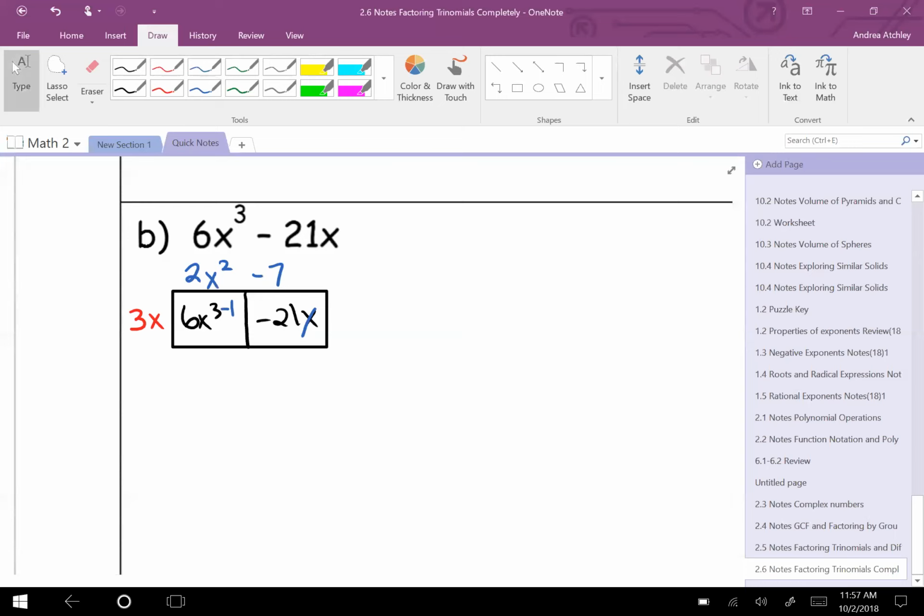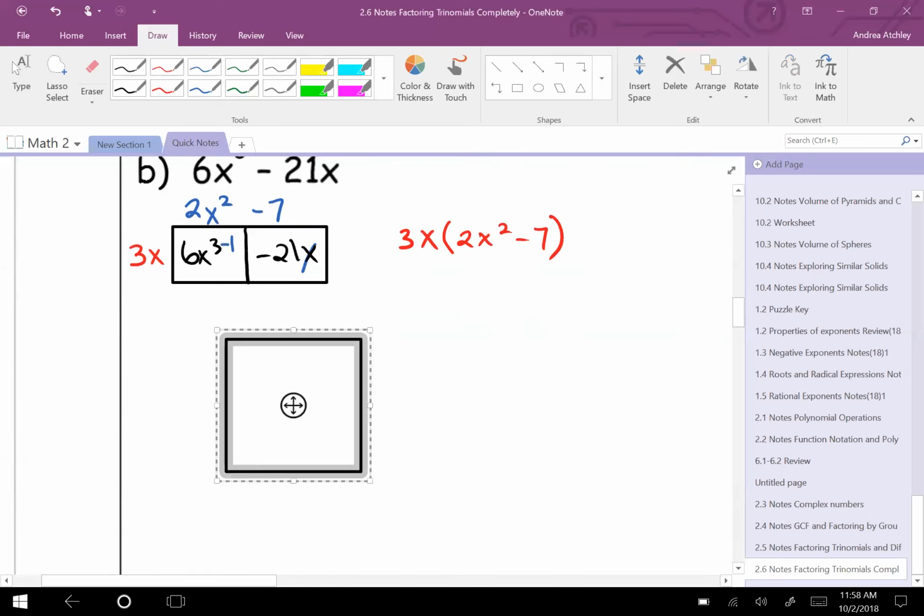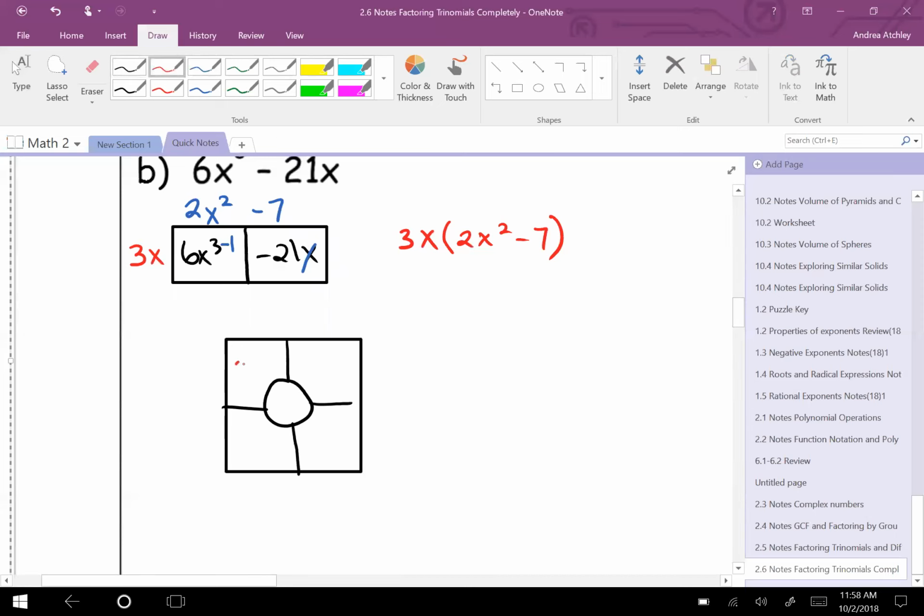So we want to try and factor that further. So we have 3x times the 2x squared minus 7. I'm going to use the box and see if I can factor it any further. So I have 2x squared.